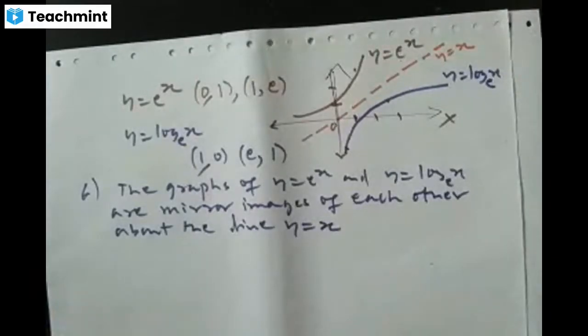Whenever the graphs of two functions are mirror images or reflections of each other about the line y is equal to x, then those two functions are inverse to each other.